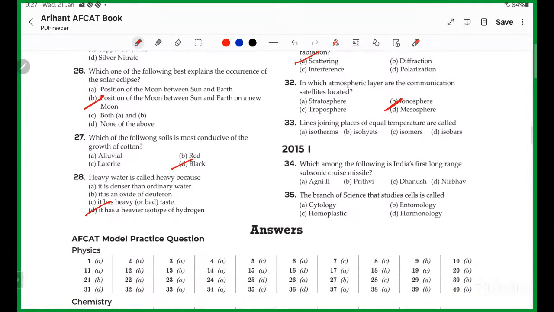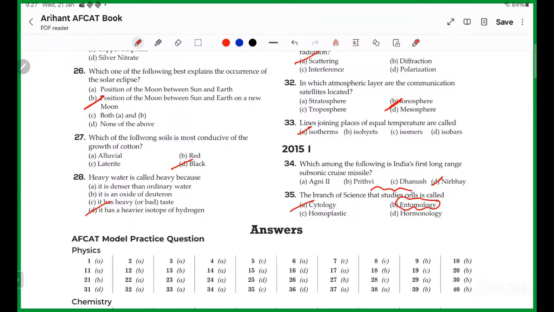Lines joining places of equal temperature are basically isotherms. Which among the following is India's first long-range subsonic cruise missile? Nirbhay. Study of cells is cytology.